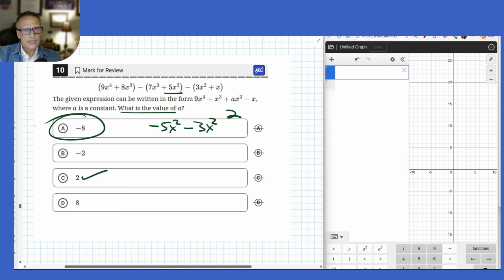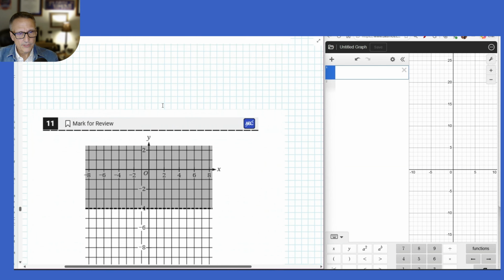So it's actually a negative 8 coefficient, because I have a negative 5x squared minus 3x squared, negative 8x squared. That coefficient has to be a negative 8. So again, you have to exercise caution. I would say that's not a silly mistake, but it's one that's caused by rushing and not looking at all of the steps that you need to go through to get the right answer.